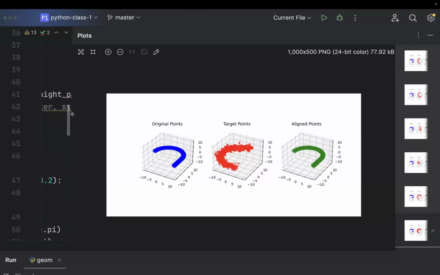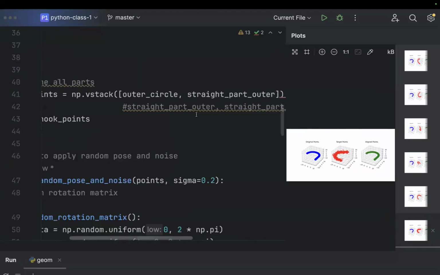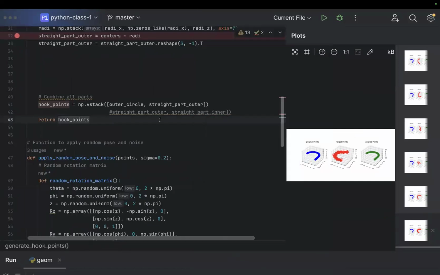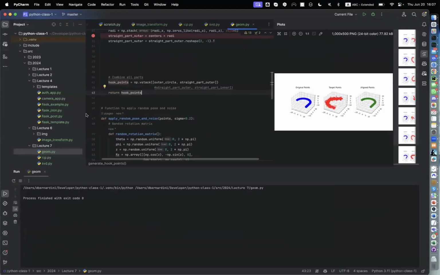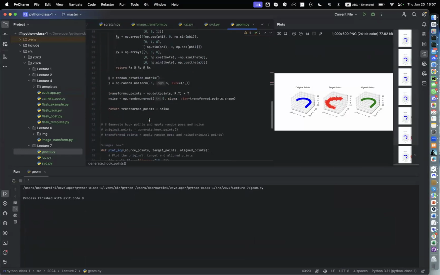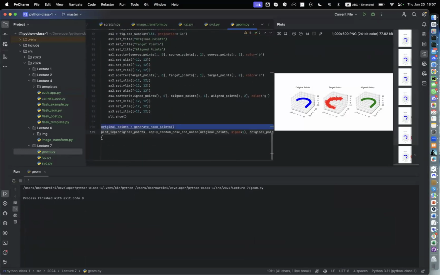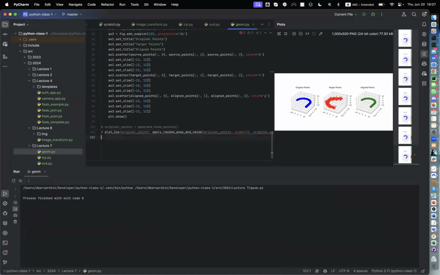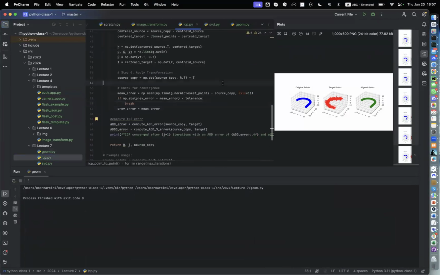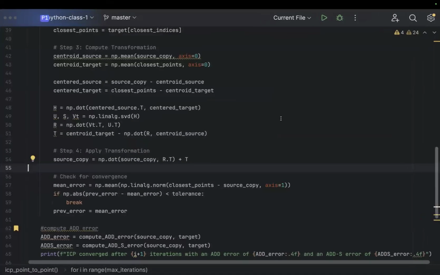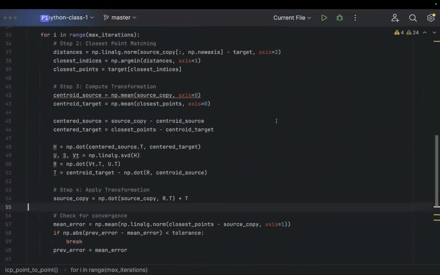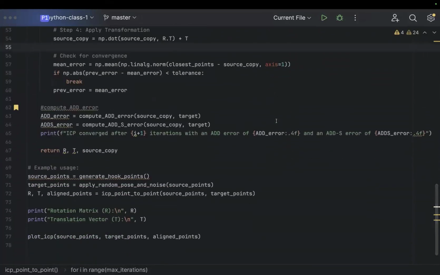All right, so now we're going to look into the full ICP implementation and solve this matching problem. But first, let me comment this out so that we don't get the plots every time. All right. So this is almost the same as we had before, with a bit more control and a bit more documentation.